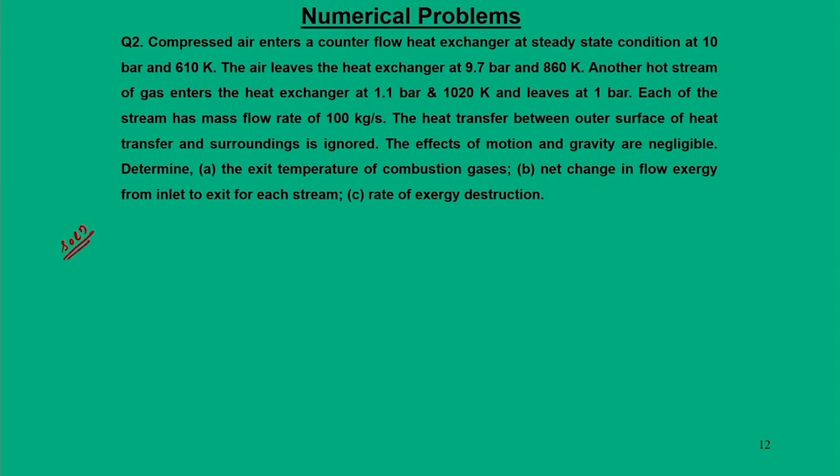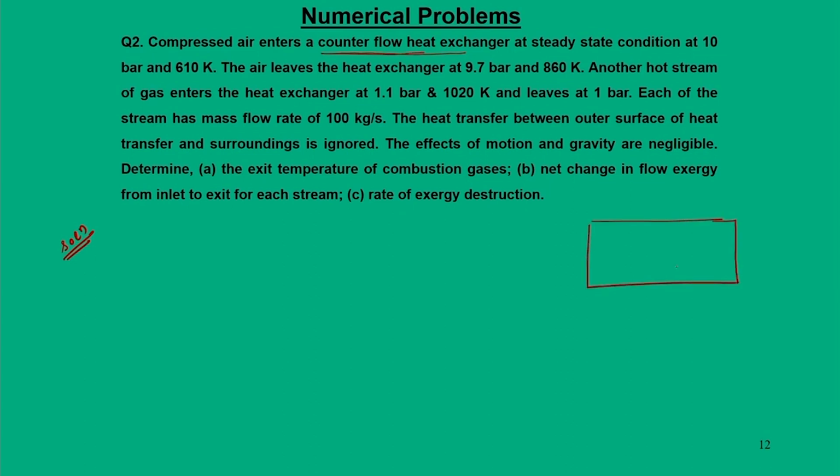Now, we will move to the next problem, which is a very common problem in gas turbine engines. In a gas turbine engine we use a compressor, in which the flow enters a heat exchanger and the air gets preheated through combustion products. So, the typical arrangement could be like this: we have a counter flow heat exchanger.